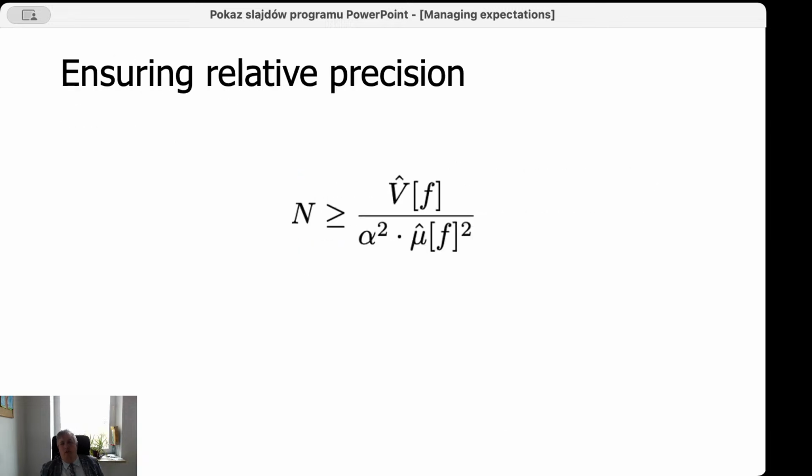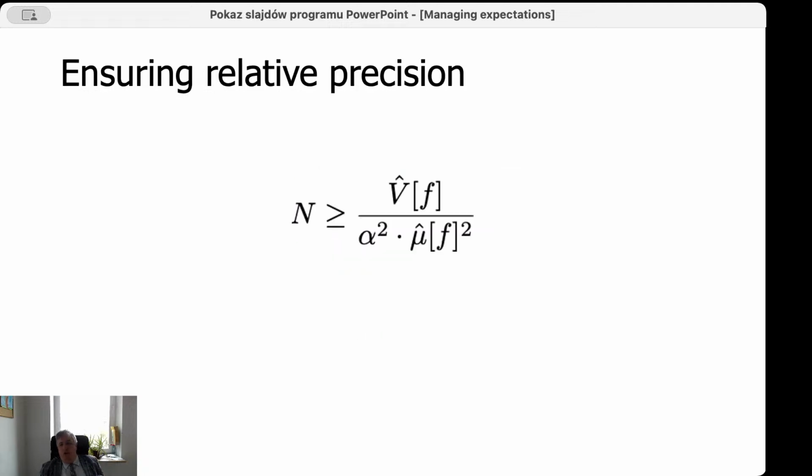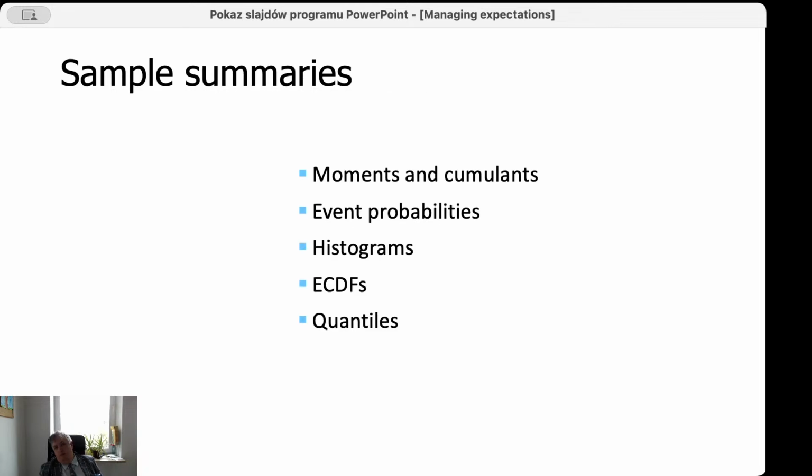In case of relative errors, if we want a relative precision of, let's say, a few percent, we need to use the following formula, which uses both the estimated variance and estimated mean and the precision parameter alpha. That will get us the required number of samples.